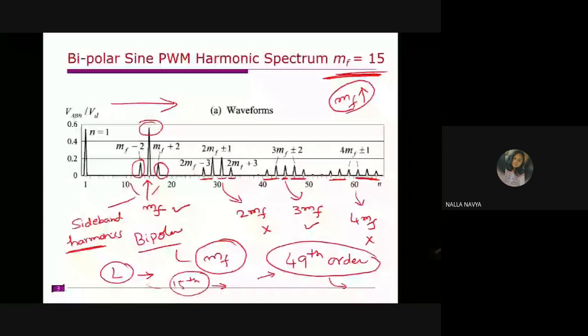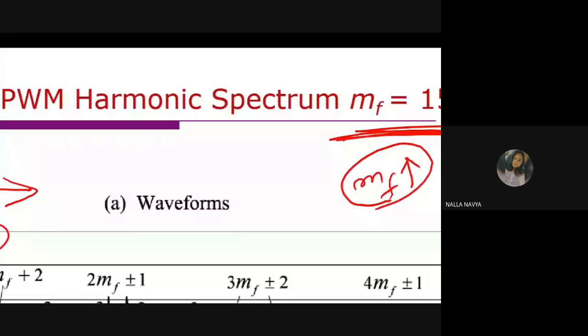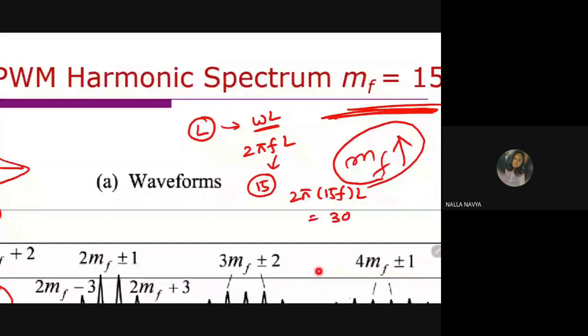The machine has some inductance L, and the reactance is omega L, which is 2 pi F into L. For the 15th order harmonic, it is 2 pi into 15F into L, that is 30 pi FL.